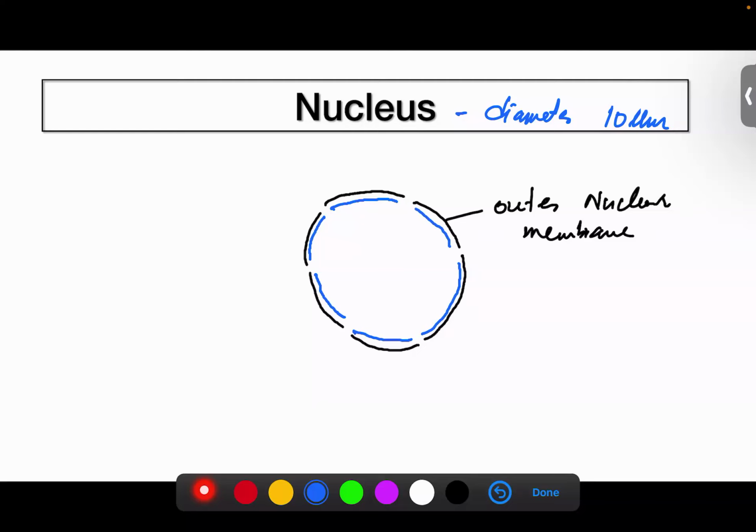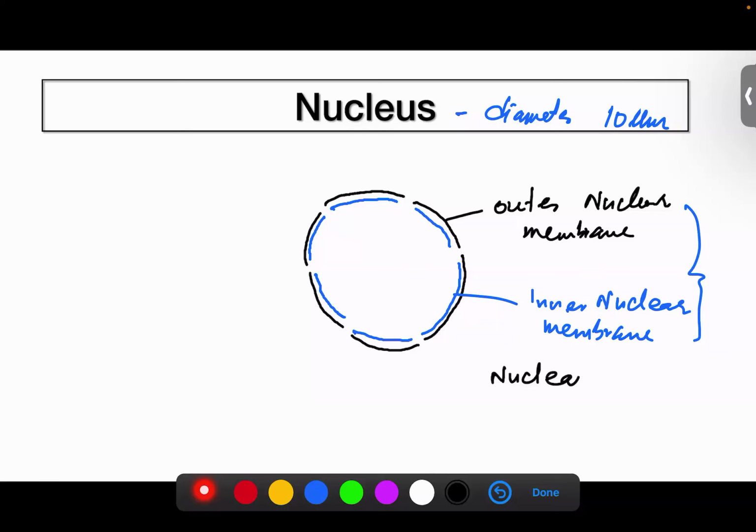Okay, so this is inner nuclear membrane, and collectively these two membranes are known as nuclear envelope. These are both partially permeable membranes, so they allow certain substances to pass through them, and they do not allow the other larger molecules or particles to pass through these membranes.